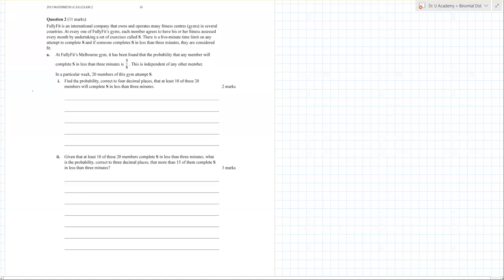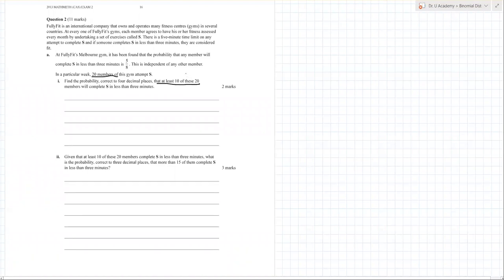For this one, what is the n value? When you are reading it, how do you know this is a binomial distribution? You have to read carefully and catch a few things to finalize what it is. Probabilities are given for a particular week, 20 members are given, and then at least 10 of 20.